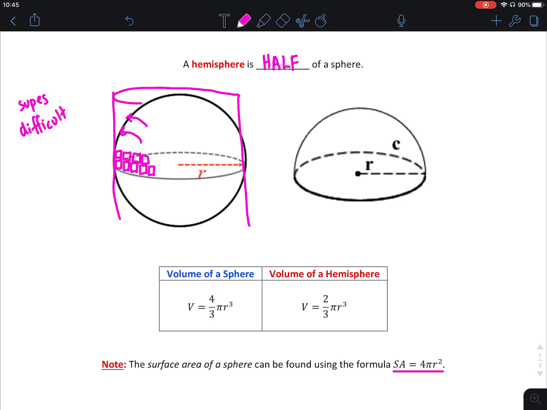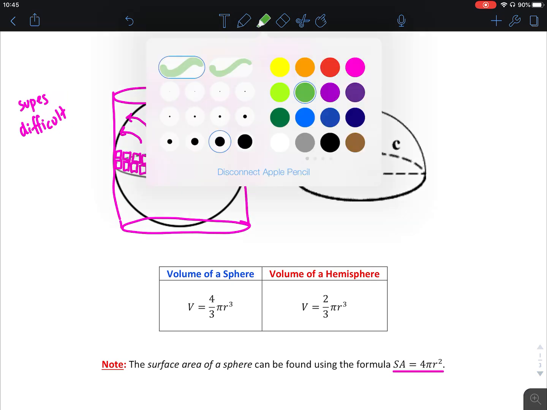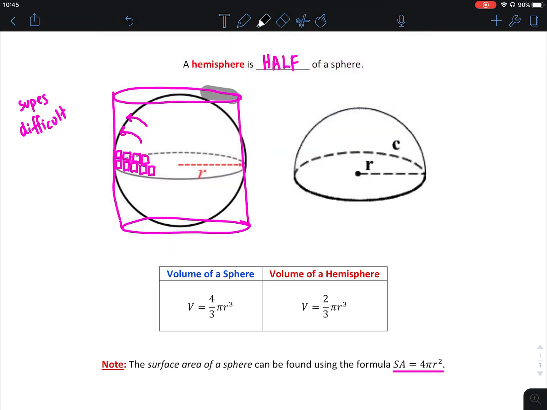It would actually be a cylinder with no top and no bottom, because all those pieces instead have been stacked along the walls of a cylinder, right? So there's no top and no bottom.